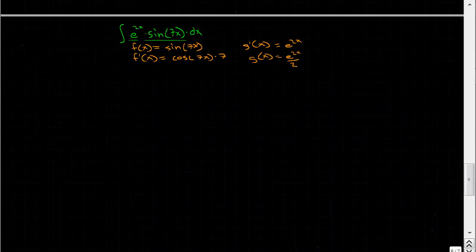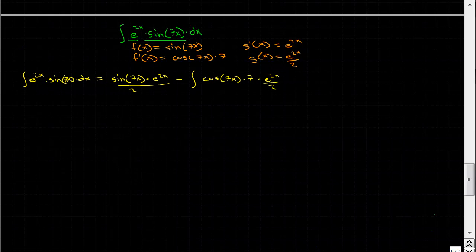So let's plug this into our integration by parts formula. I'll just rewrite this here, the integral of e to the 2x sine 7x is equal to f of x times g of x, so sine 7x times e to the 2x, divided by 2, and we subtract the integral of cos 7x times 7 times e to the 2x divided by 2.